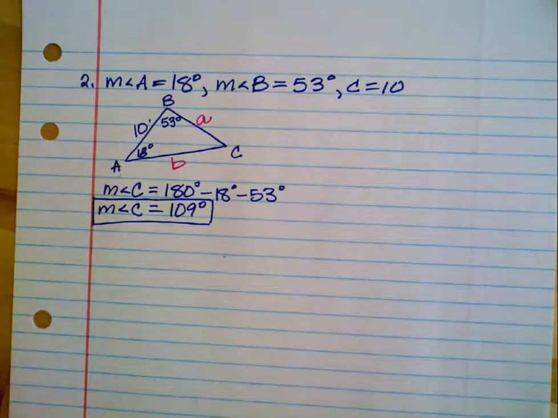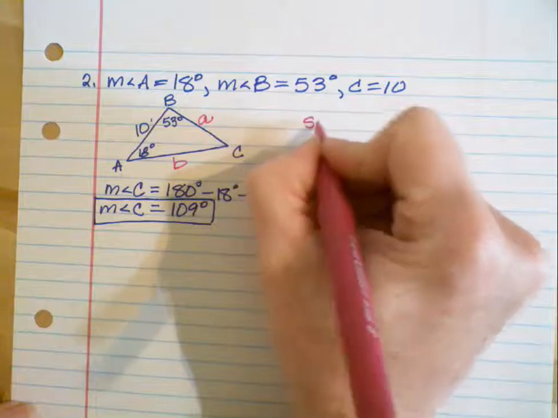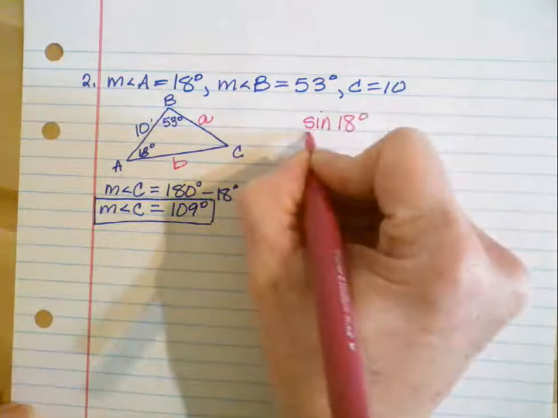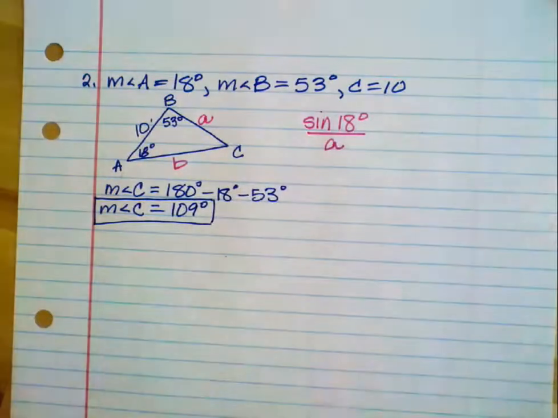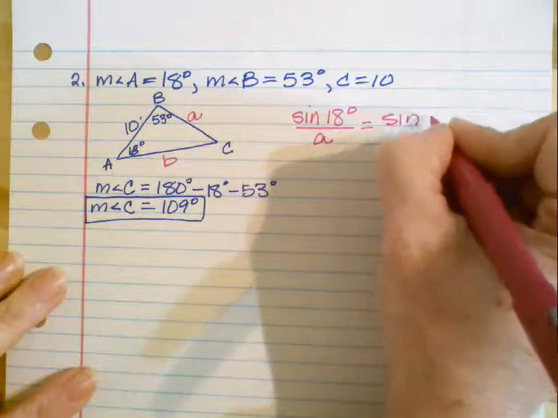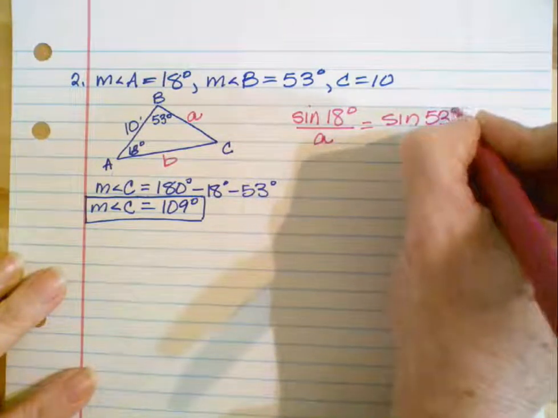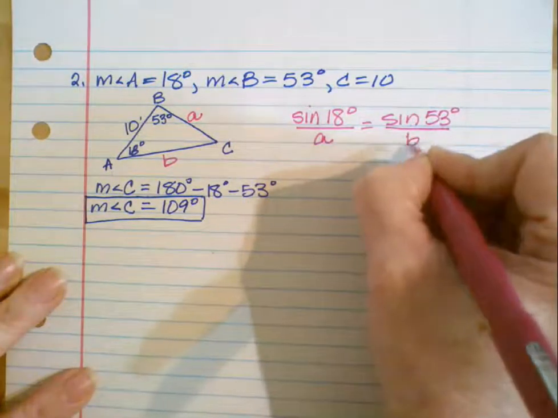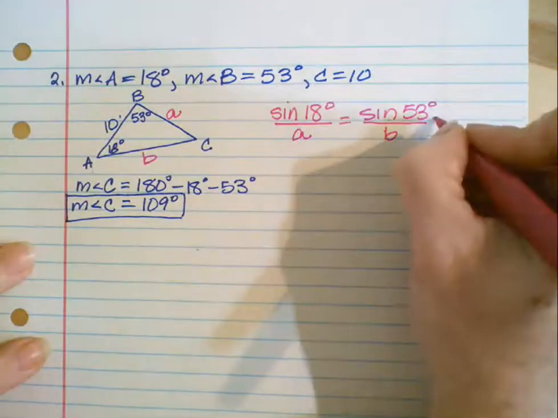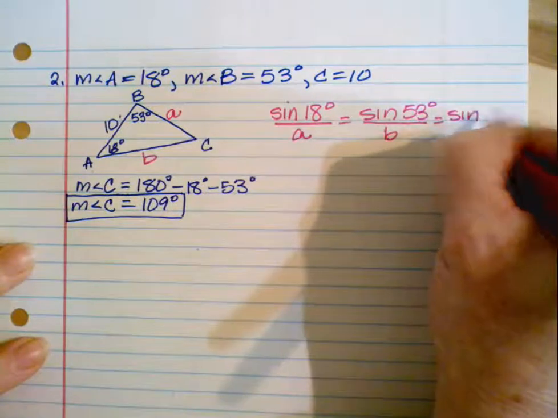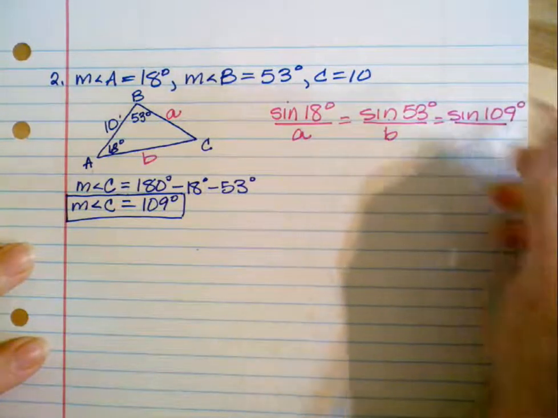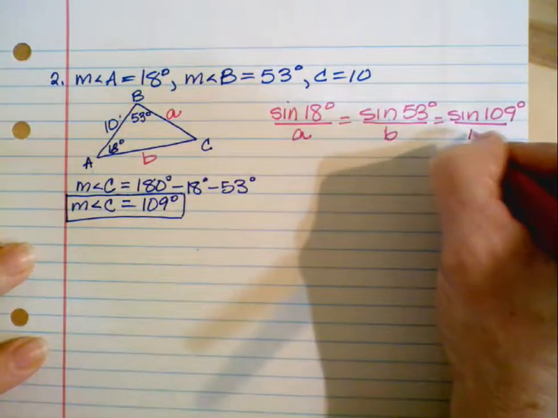The sine of angle A, 18 degrees, over the length of its opposite side A, is equal to the sine of angle B, 53 degrees, over the length of its opposite side B. Both of those side lengths are unknown. That is equal to the sine of angle C, 109 degrees, divided by the length of its opposite side, which we know to be 10.